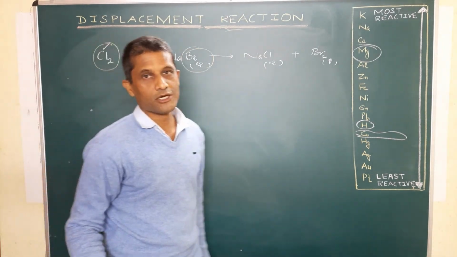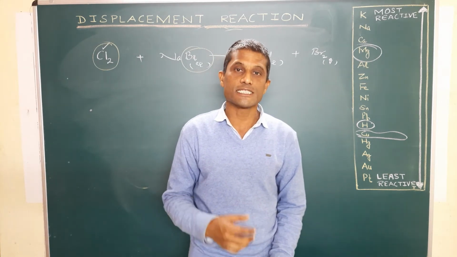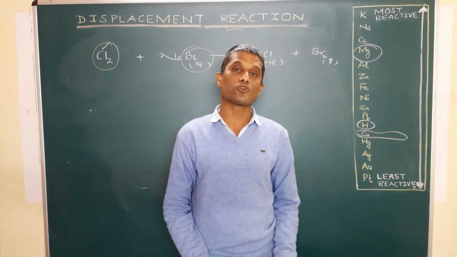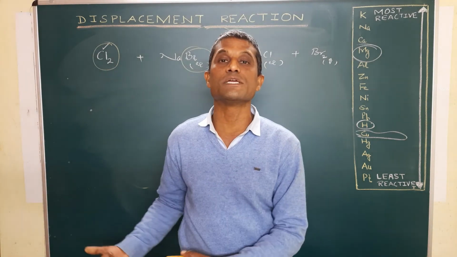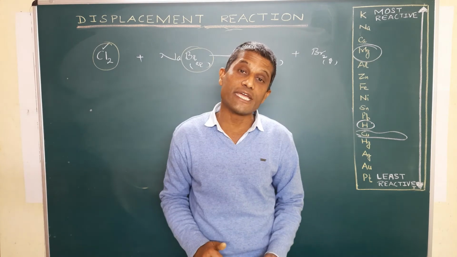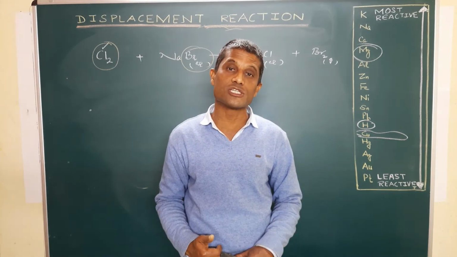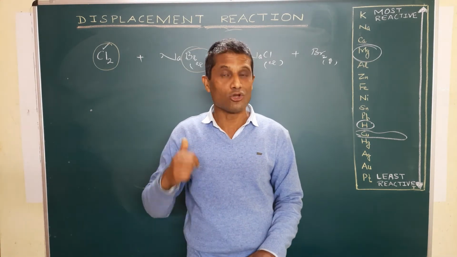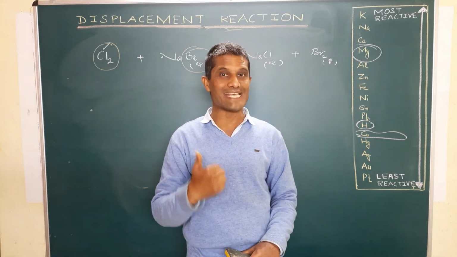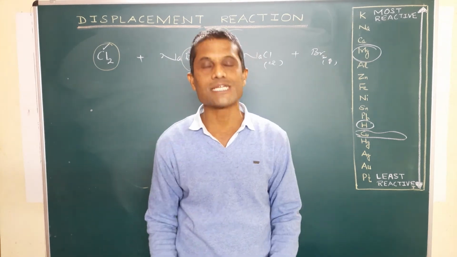And remember, chlorine is more reactive than bromine because the speed with which chlorine gains the electron is more as compared to the speed with which bromine gains the electron, because non-metals are known for gaining the electron. So how quickly a given non-metal gains the electron determines its reactivity. Chlorine has more speed than bromine to gain the electron, hence chlorine is more reactive than bromine.